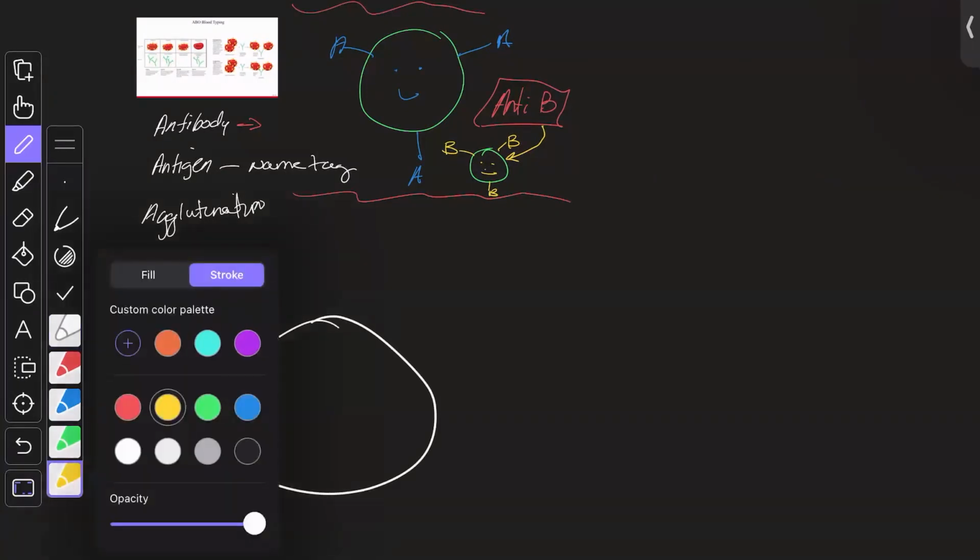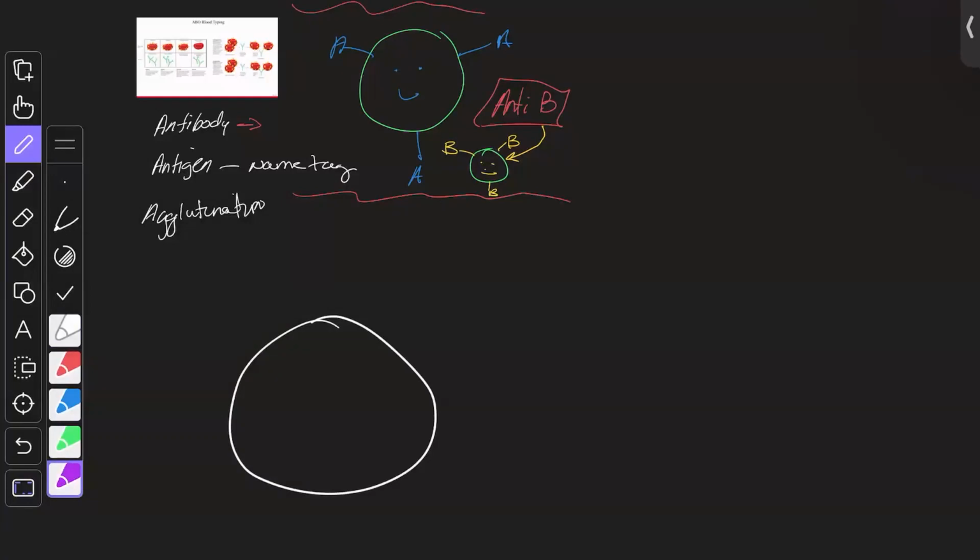Let's make it purple. You will find that RH is often identified as D. So you'll see them used interchangeably.